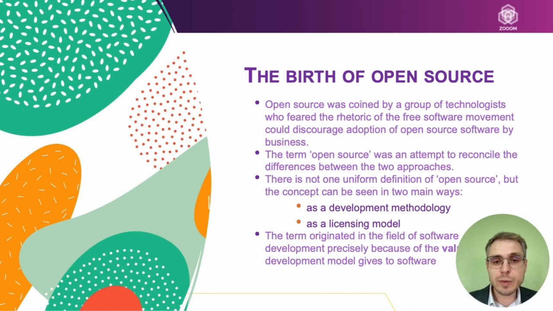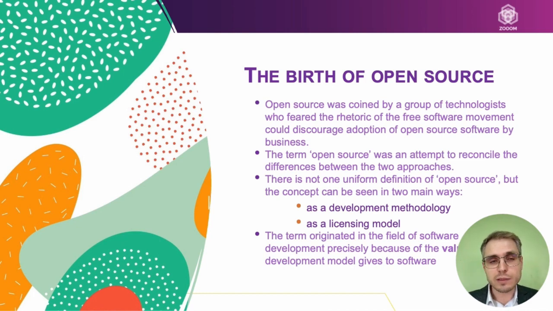Now, the term open source refers to the movement that was started and coined by a group of technologists who feared at the time, in the late 90s, that the rhetoric of the free software movement, which came first, could discourage adoption of open source software by business. The term open source was an attempt to reconcile the differences between the two approaches.